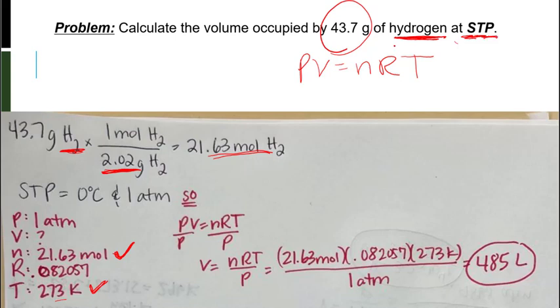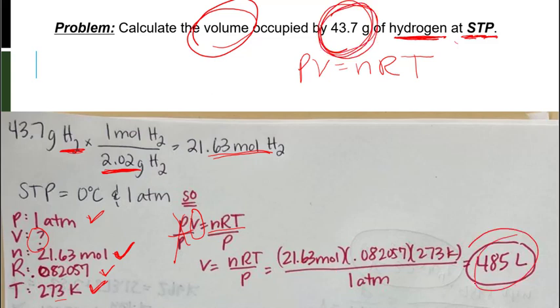And I know that standard pressure is 1 atmosphere. We always know R. The only thing we don't know is the volume. PV equals nRT. To get volume by itself, we got rid of the P, so nRT divided by P. And we should get, since I started with 3 significant figures, 485 liters.